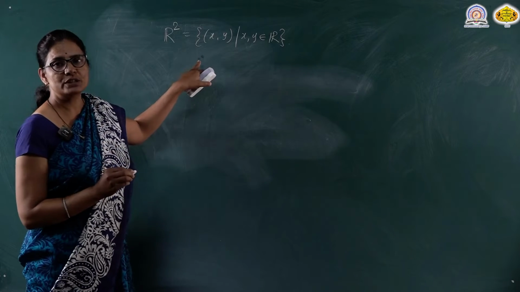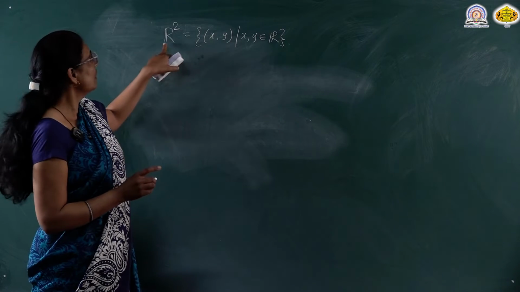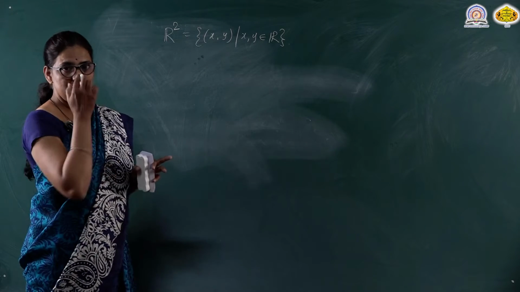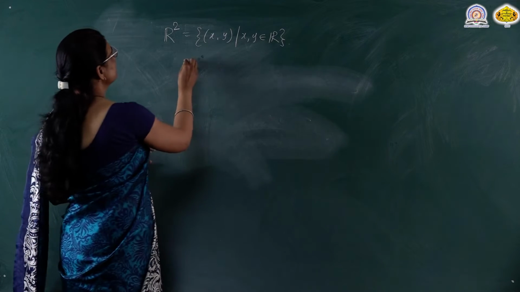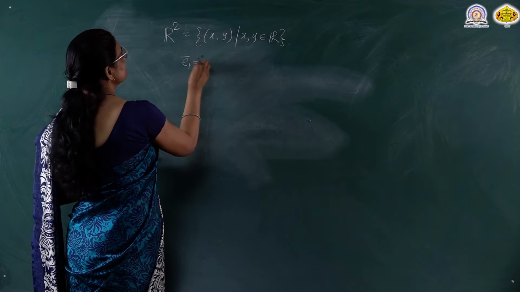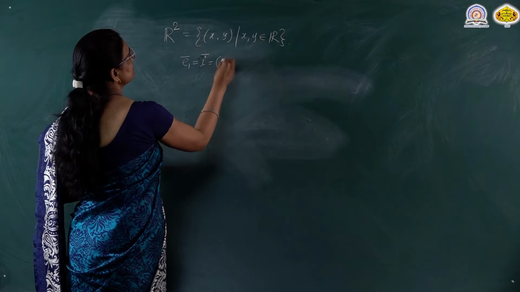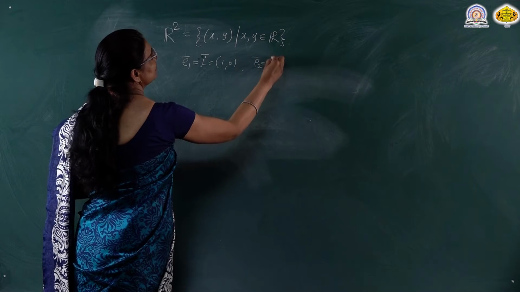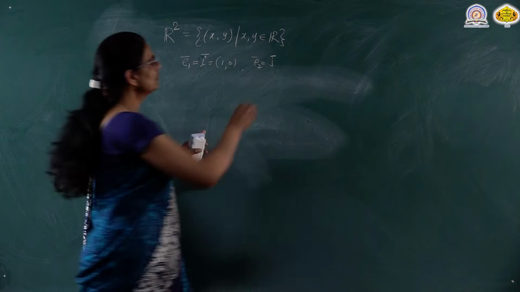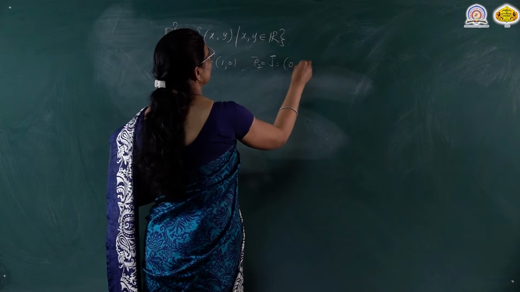It is a vector space. Then take the standard unit vectors, E1 bar, also denoted by I bar, which equals 1, 0, and E2 bar, or it may be denoted by J bar, which equals 0, 1.